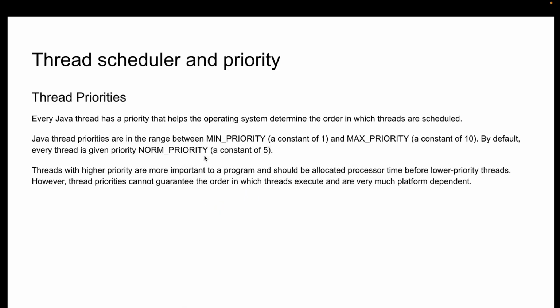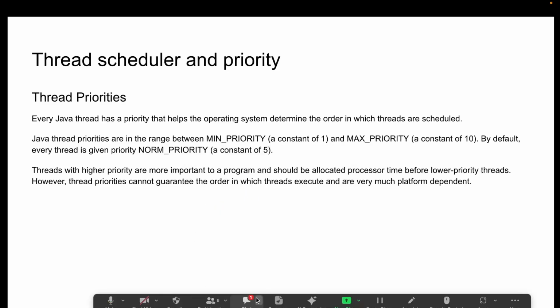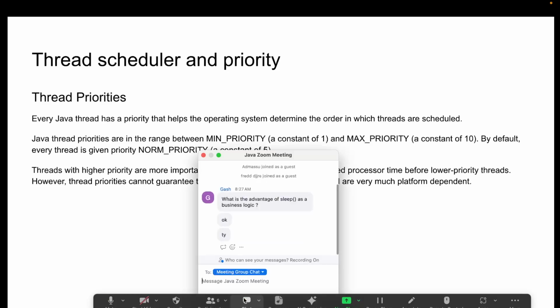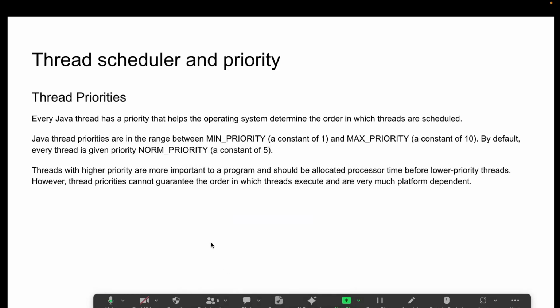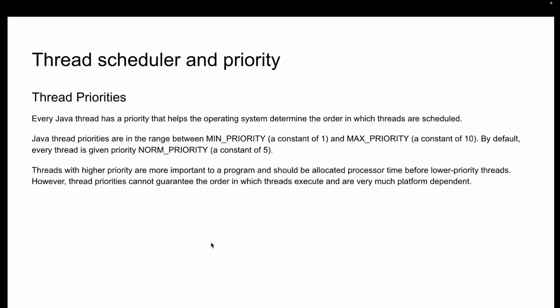Okay. Now the thread scheduler can work with priorities. What I mean by priorities is, if you want one of the threads to be given more priority or less priority, there are methods for that.